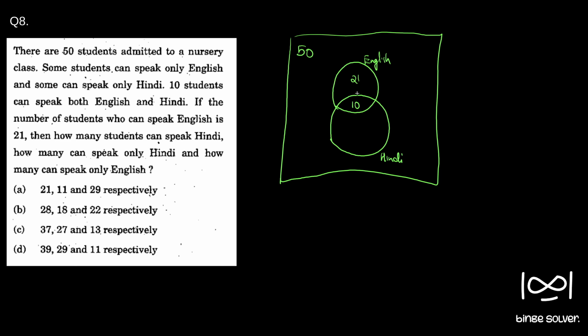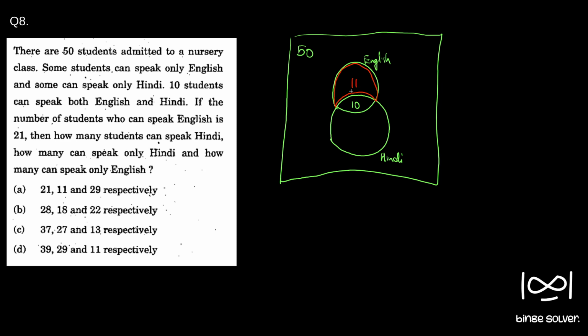In that case, first we will extract the English only speakers, that is this region, which is 21 minus 10. So we'll write that separately. This is 21, right? So instead we will write 21 minus 10, which is 11. This region is 11. So 11 plus 10 is 21. That is how total English speakers is 21.